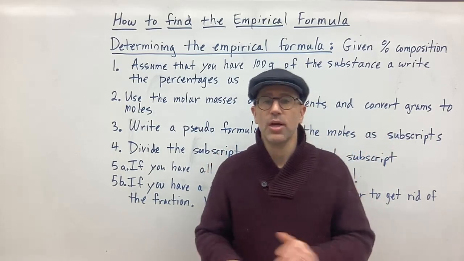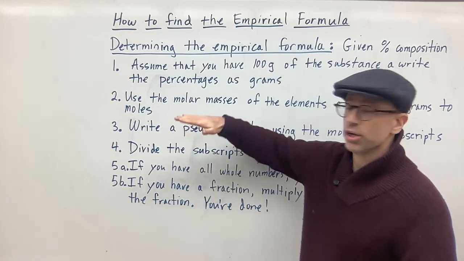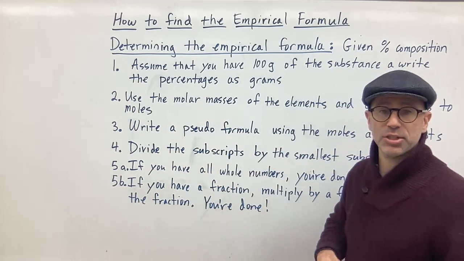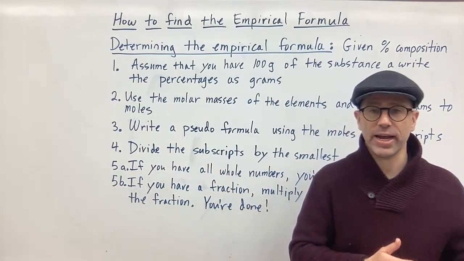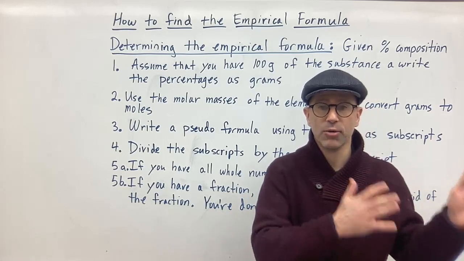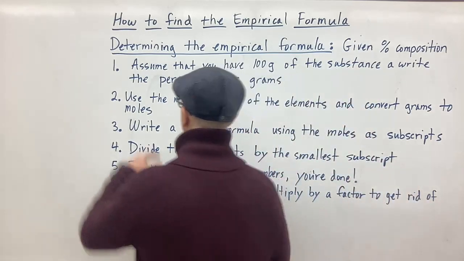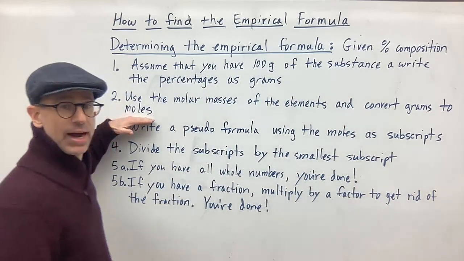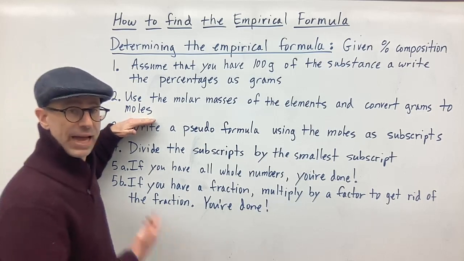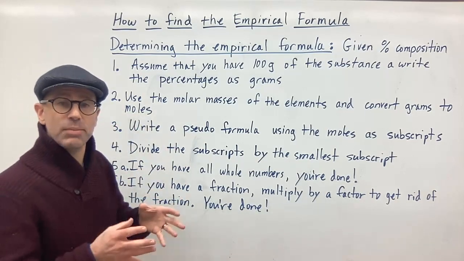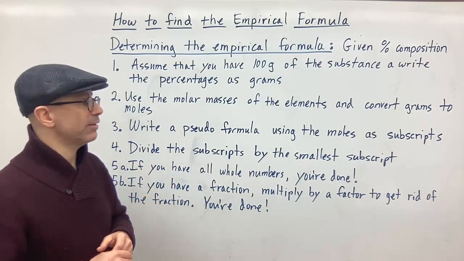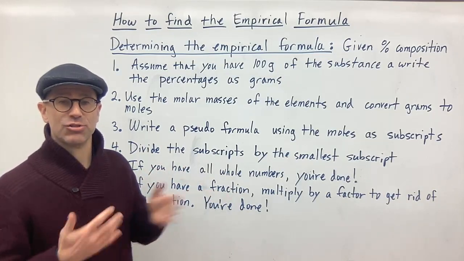So the second step is to convert your grams to moles, using the molar masses of the elements. If I have 30 grams of carbon, I'm going to use the molar mass of carbon to convert the grams to moles. I want moles for each of my elements so that I can use the moles as subscripts. Remember, the subscripts in your formula are mole ratios. So in water, for example, we said water was H2O.